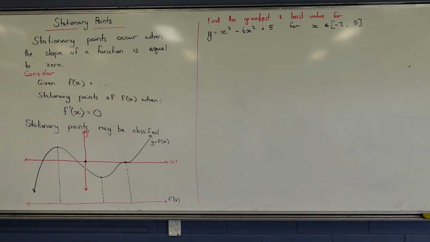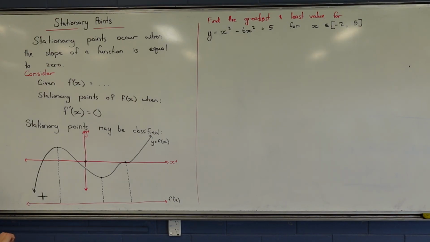And because of that, if it's increasing, it's going to have either a positive or a negative slope. Which one? Positive. So the slope of the graph f of x is positive, so therefore f dash of x is going to give us positive values.